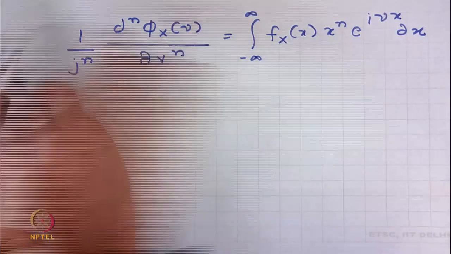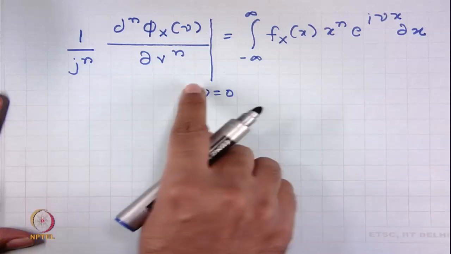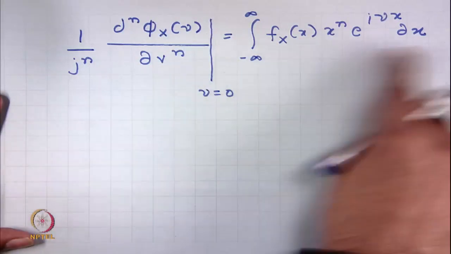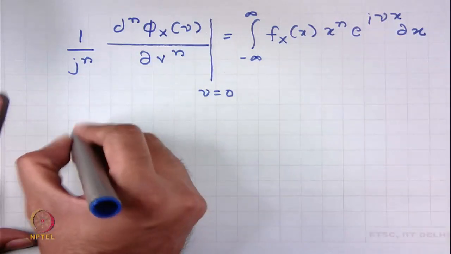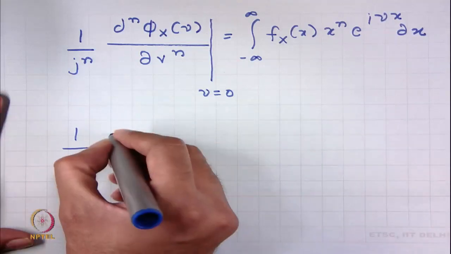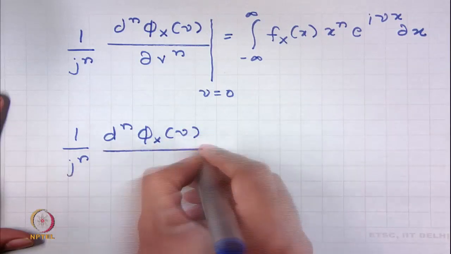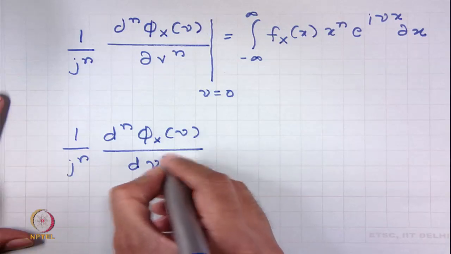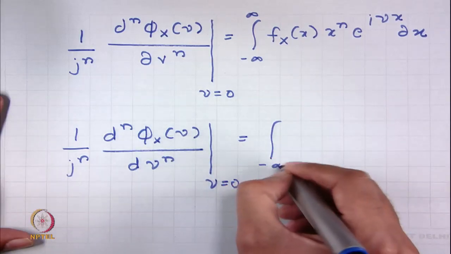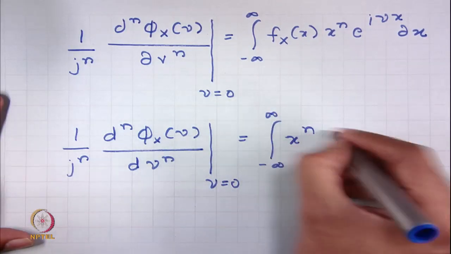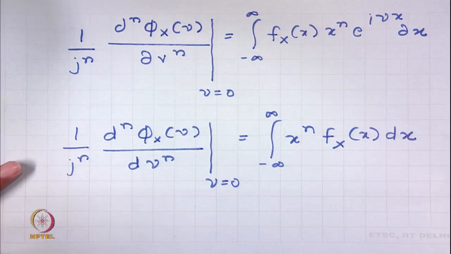Let us just evaluate this function at nu equals 0. If I evaluate this function at nu equals 0, I have to substitute nu equals 0 here, and what is this?